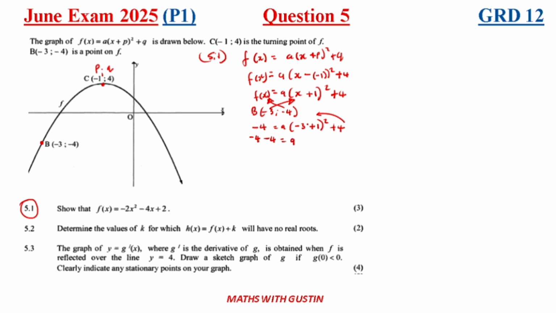Then we're going to just simplify this. Take this 4 to the other side. We're going to have -4 equals a. Therefore here we're going to have -2 squared, which is giving us 4. So you're going to have -8 equals 4a, divided by 4, which gives us a value of a of -2.